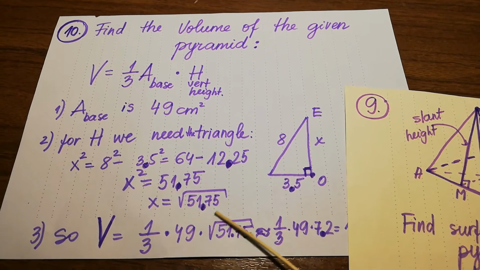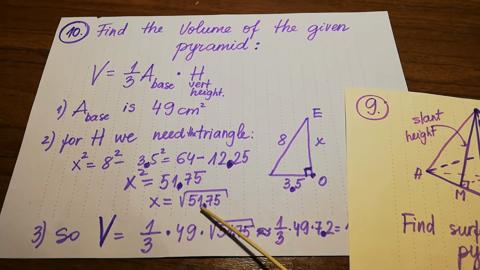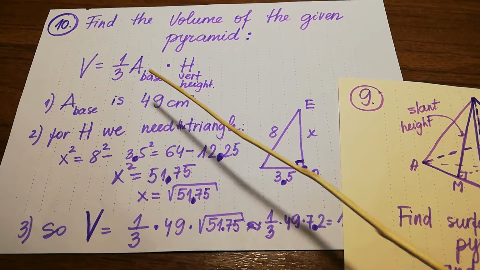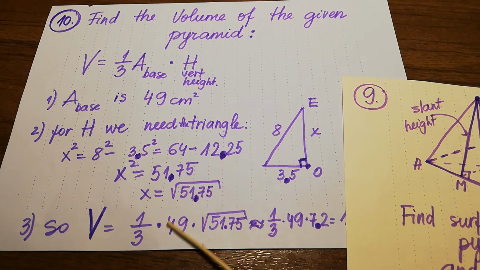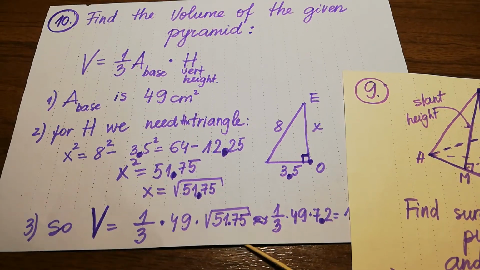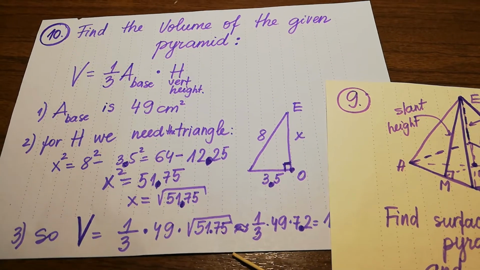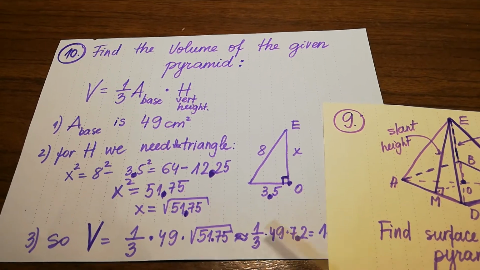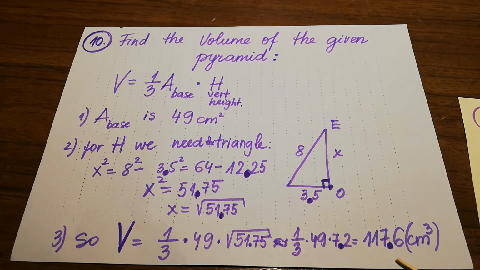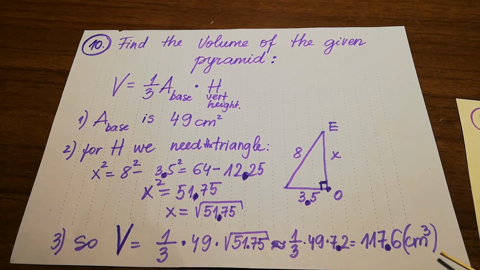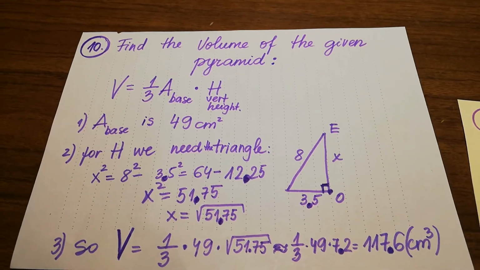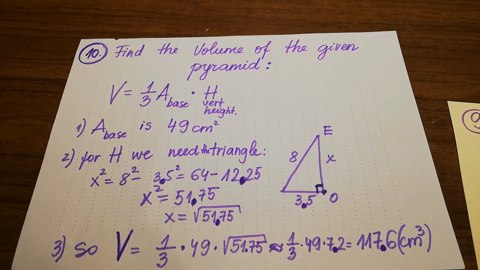It is the square root of 51.75, and after that we can put in place of the area of the base the 49 square centimeters and this square root. Let's approximate a little bit to find the solution of this task. And the result is 117.6 cubic centimeters.